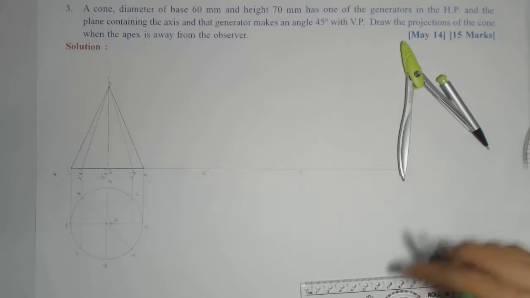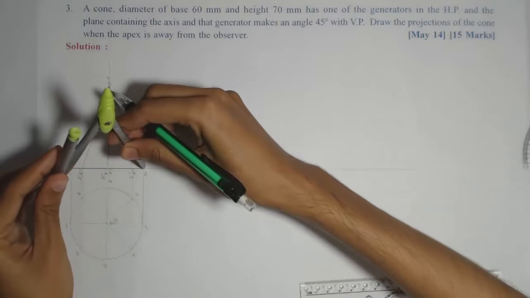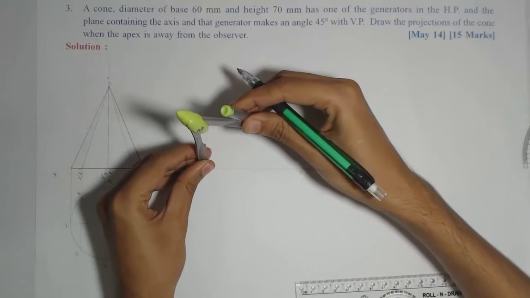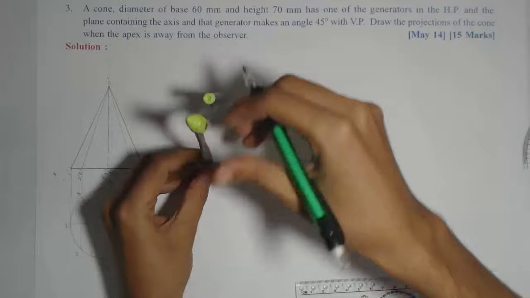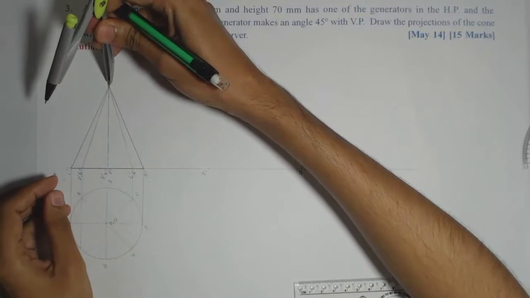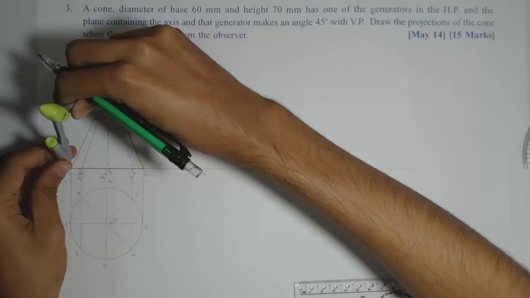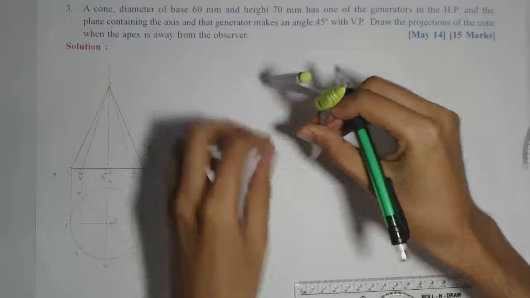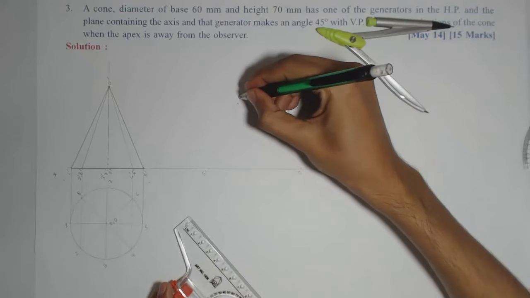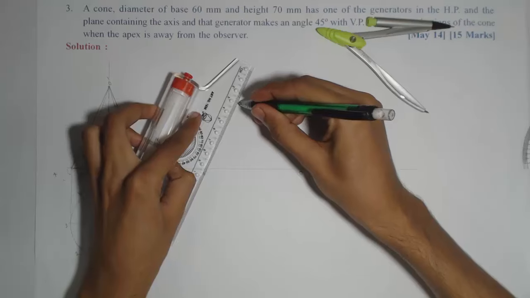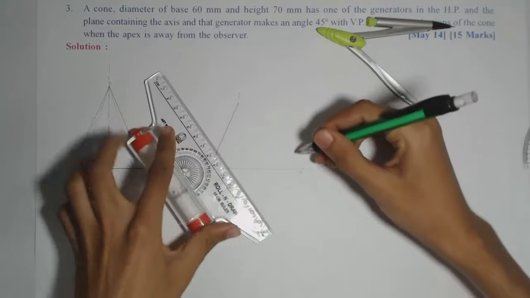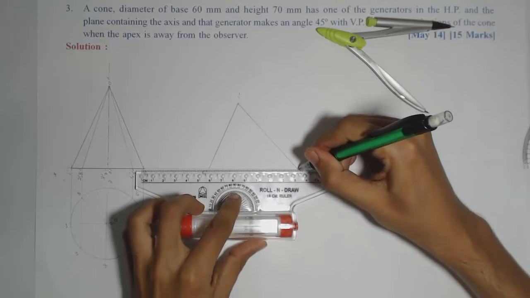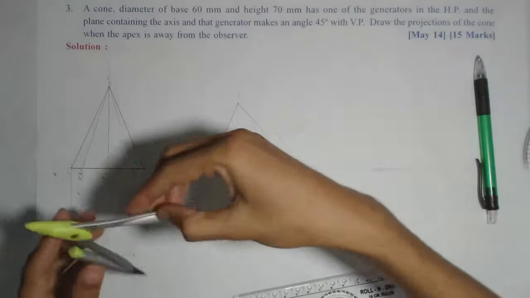Now we'll complete the triangle by marking O dash to 5 dash, sorry, 1 dash to 5 dash, arc for 1 dash, then again O dash to 1 dash, this will be the same as O dash to 5 dash. So we'll get the outer triangle with 1 dash here. So we'll complete the triangle with a dark boundary. Now again we need to mark the imaginary generators and axis.